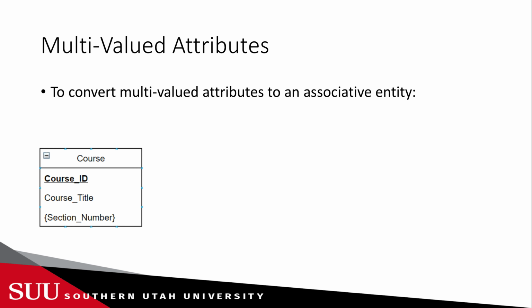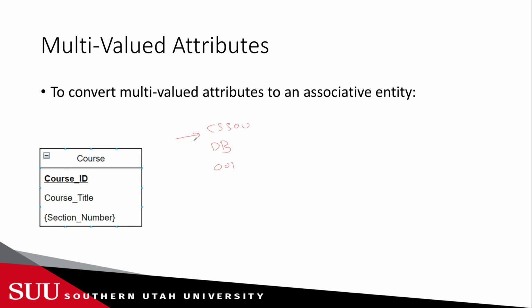So if I look at this example, when I say I have course ID with course title, and then I have multiple section numbers. So if I want to place this in the database, and I try to come here and say, okay, I have the first course as CS 3200, and the title is Database Systems, and then this section is 001.